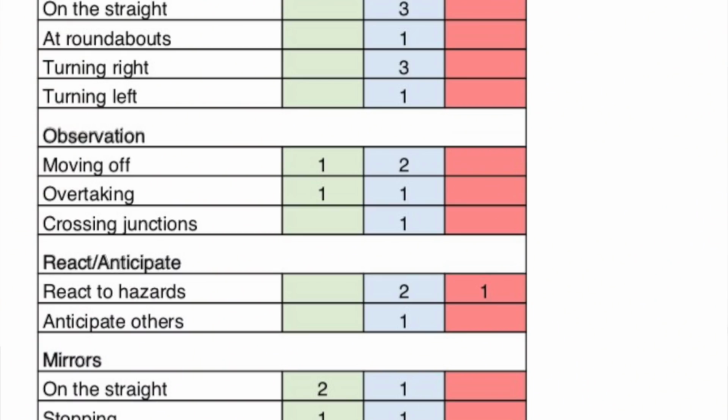Also on observation, we have one each there on overtaking and crossing junctions. So overtaking, that could be the mirrors, or it may be the case that if you were overtaking, a quick sideway glance might be beneficial, just like this. Now it's only a quick sideway glance. You don't want to be giving a big massive blind spot check when you're overtaking or changing lanes.